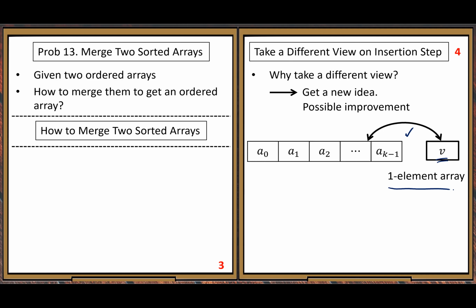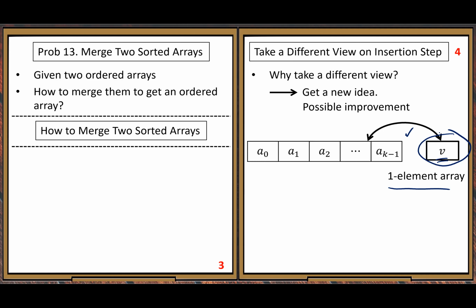It is a special array, it just has one element, and it is sorted. Think about that. One element array, it must be sorted. Now, can we treat that insertion step as the merge step, merging two sorted arrays, but just the smaller array is a special one element array?